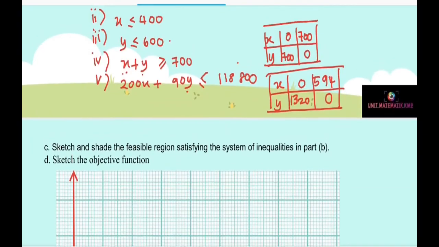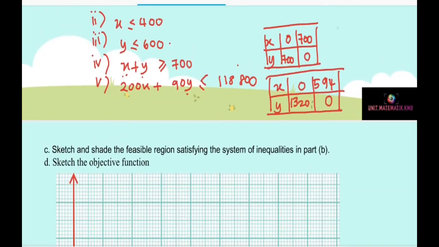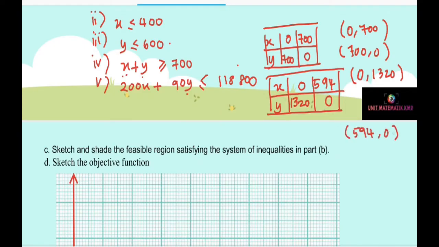So we look back at the points here. We have (0, 700) and (700, 0), and also (0, 1320) and (594, 0).